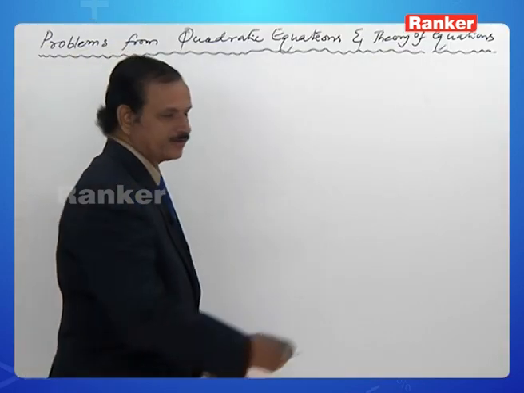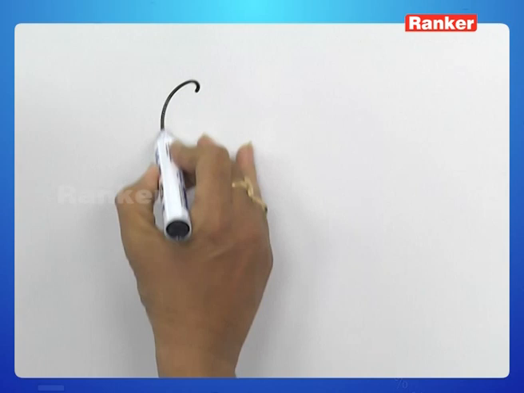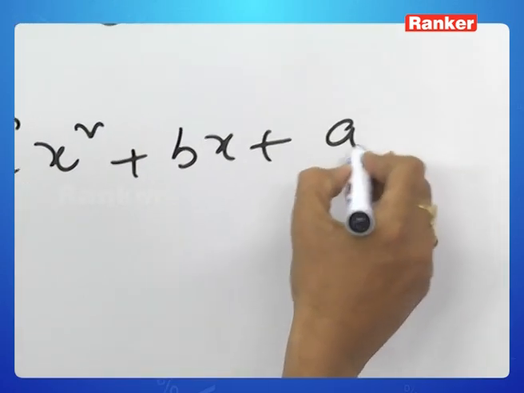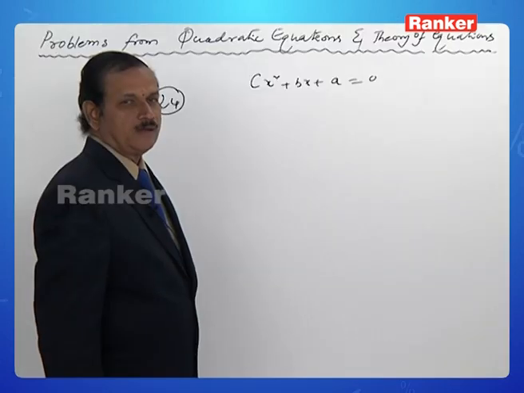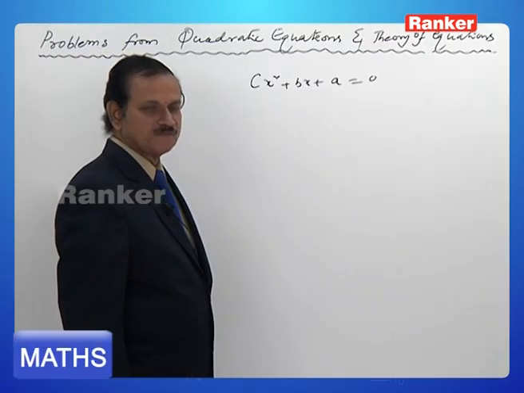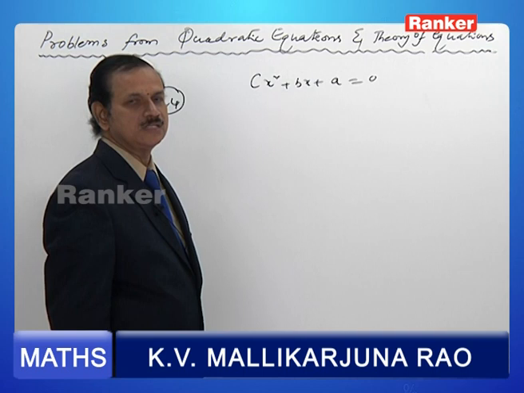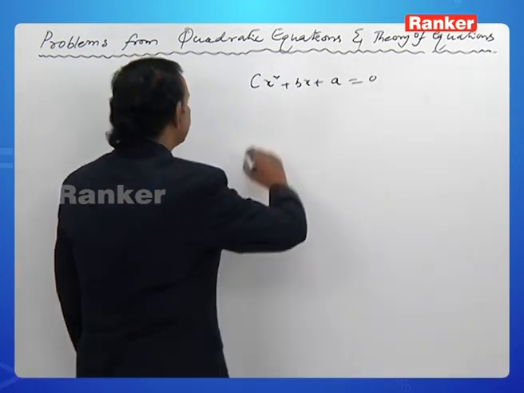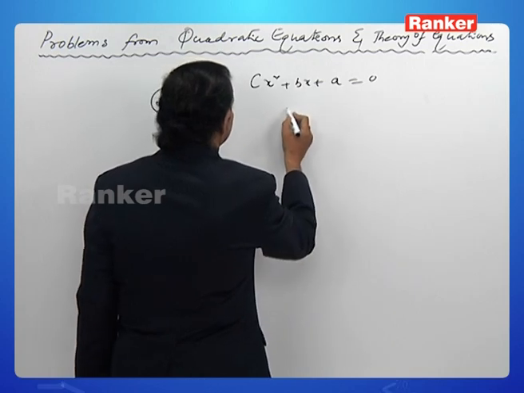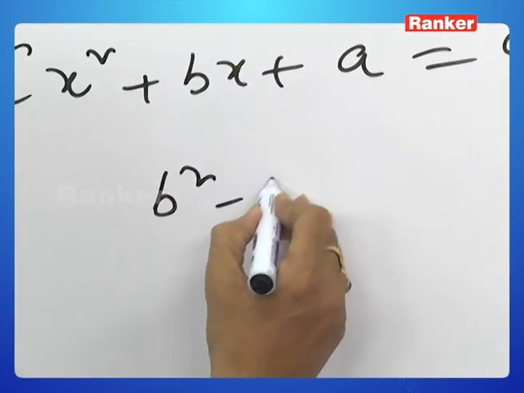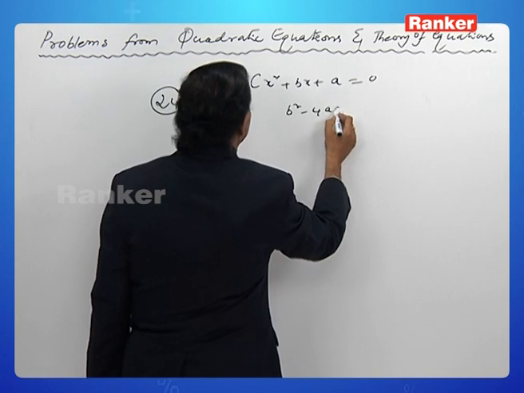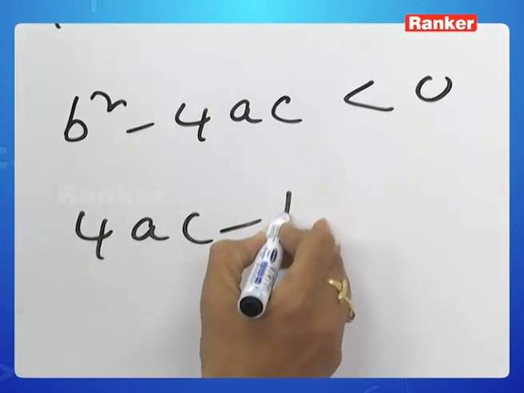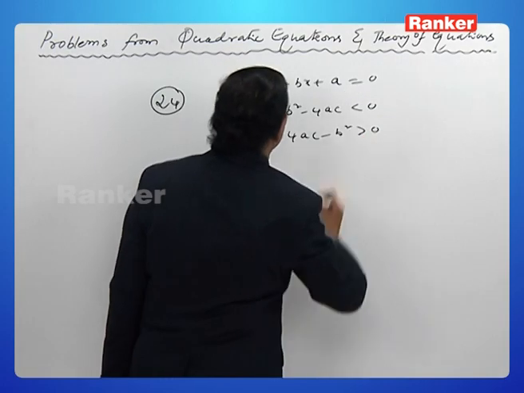This is the quadratic equation given here: cx² + bx + a = 0. The roots of this equation are imaginary, he is saying. Therefore, the discriminant b² - 4ac is less than 0, that is, 4ac - b² is greater than 0.